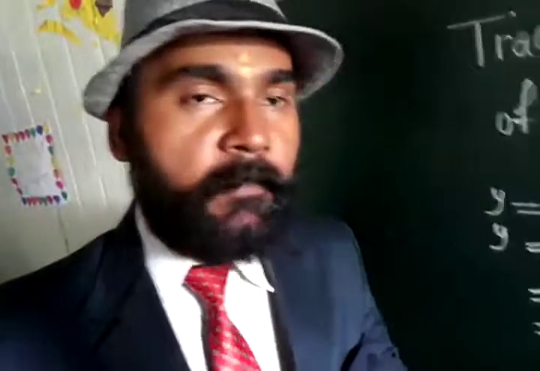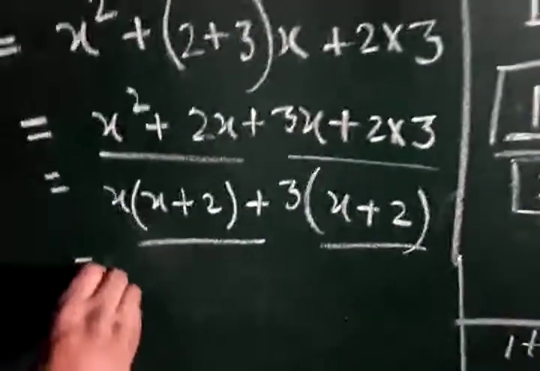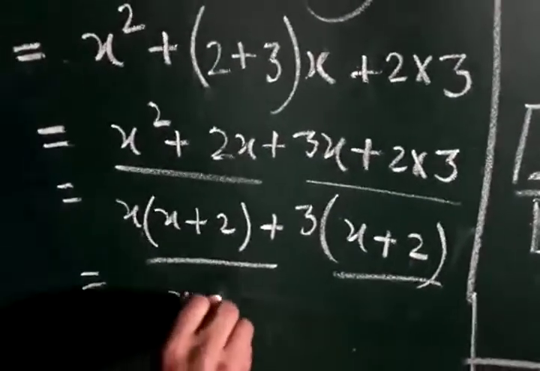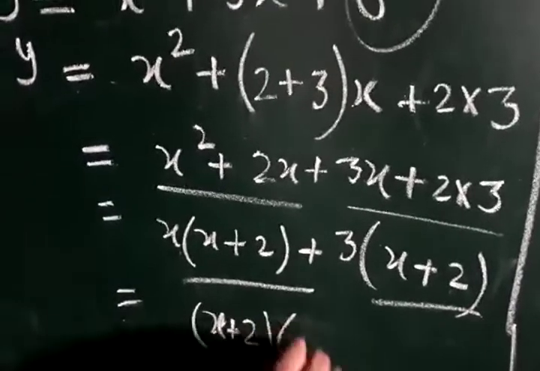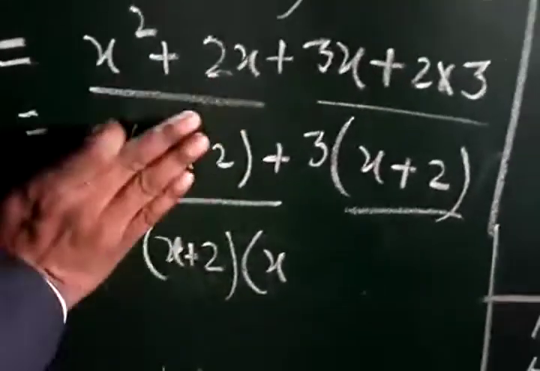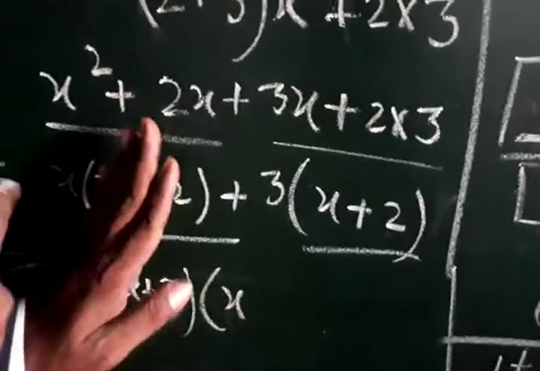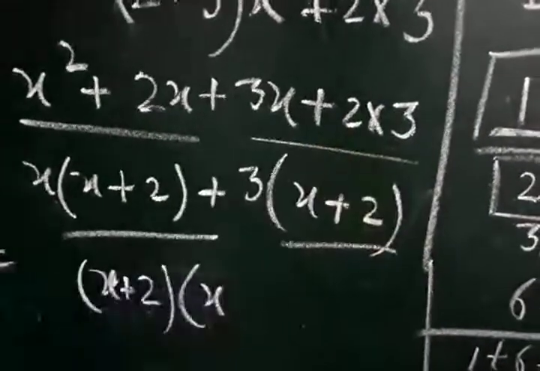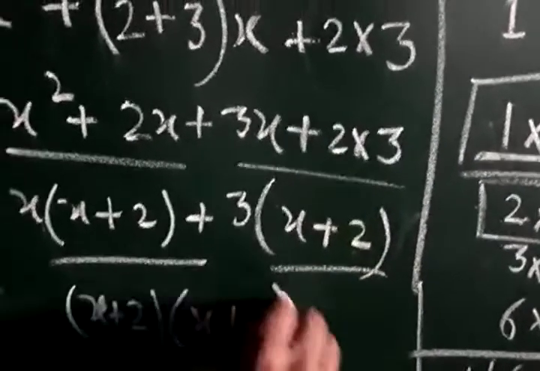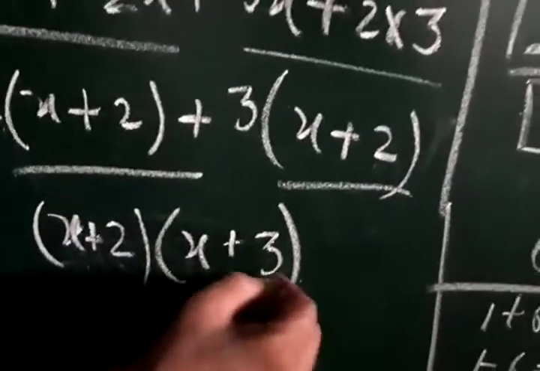Taking x plus 2 as common, we get x in one bracket and plus 3 in the other. So we have x plus 2 and x plus 3.